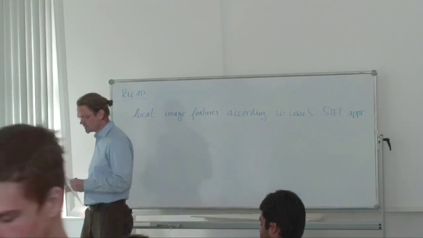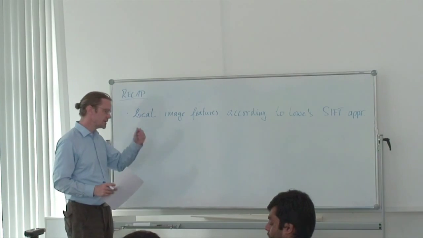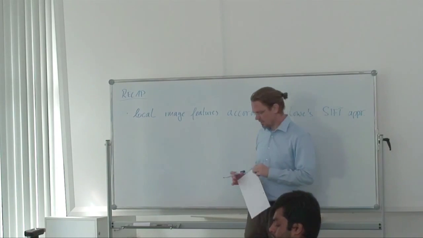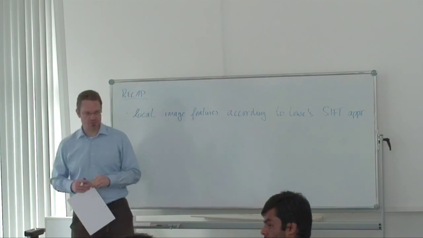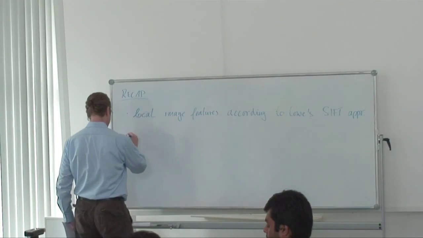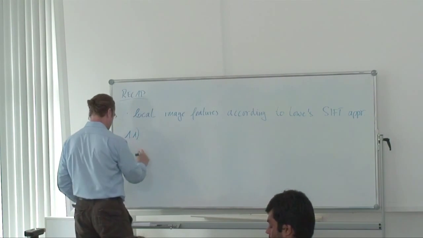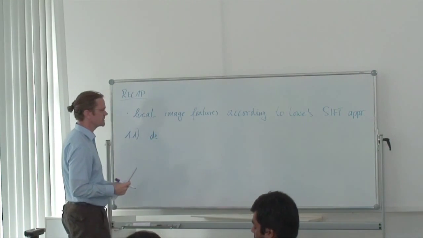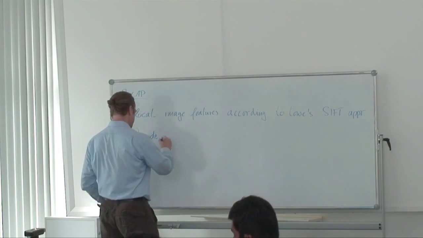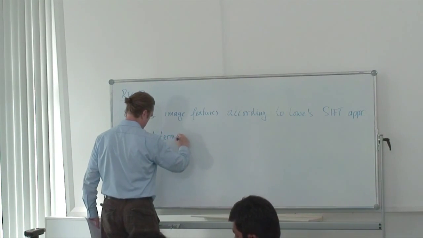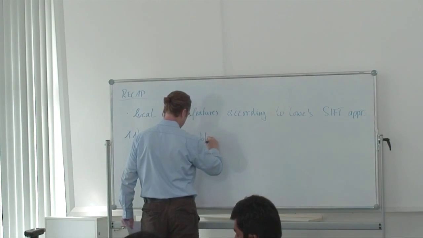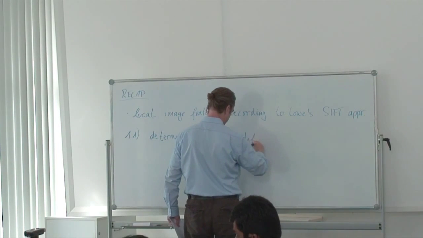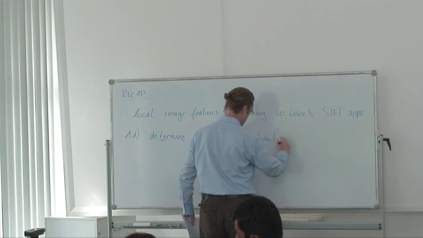And what we did last time is that we saw that this SIFT approach consists of 3 stages. And I actually called them stage 1.1, where we said the first thing we have to do when we are interested in Lowe's SIFT approach is to determine blobs on different scales.